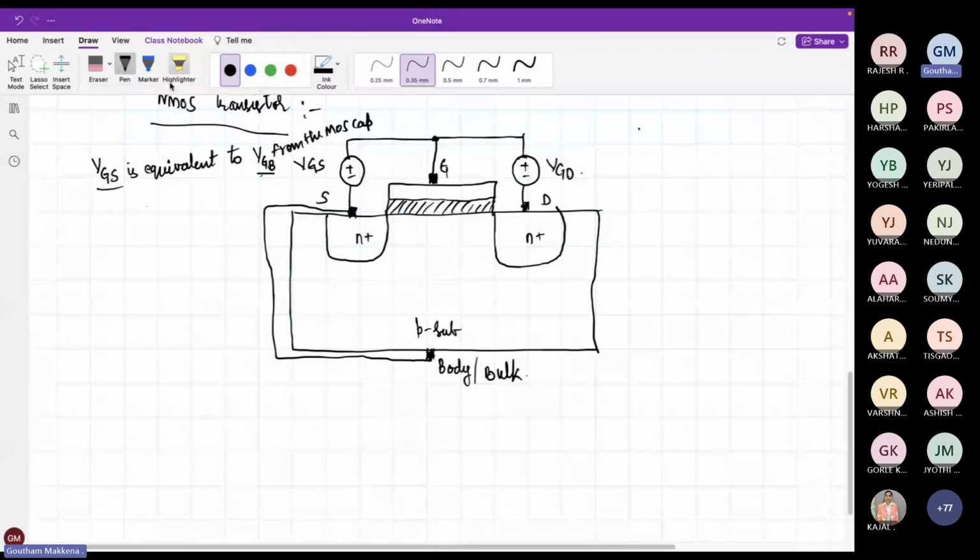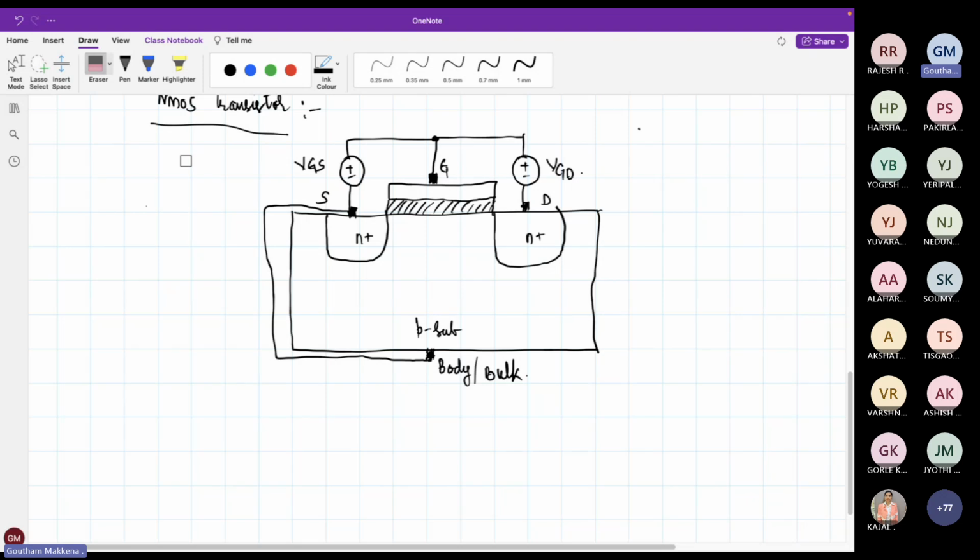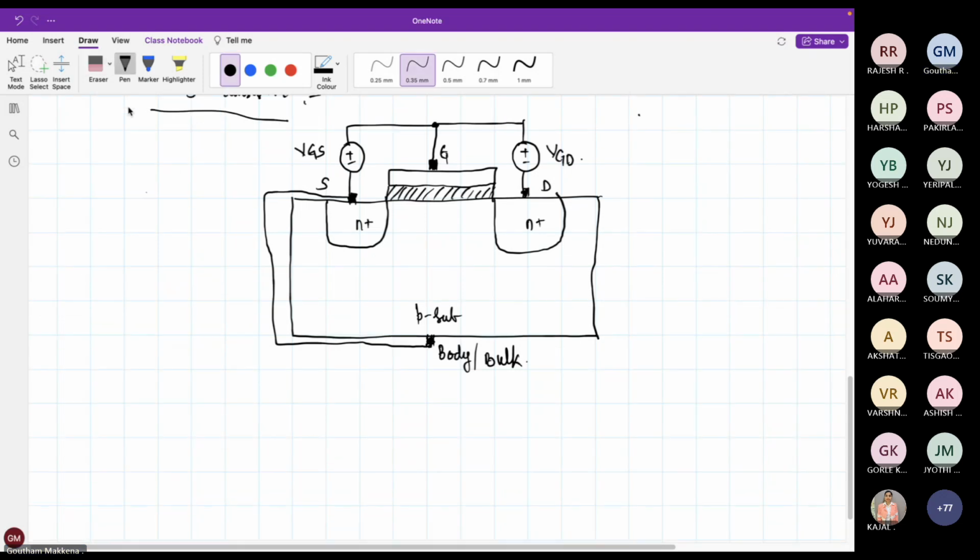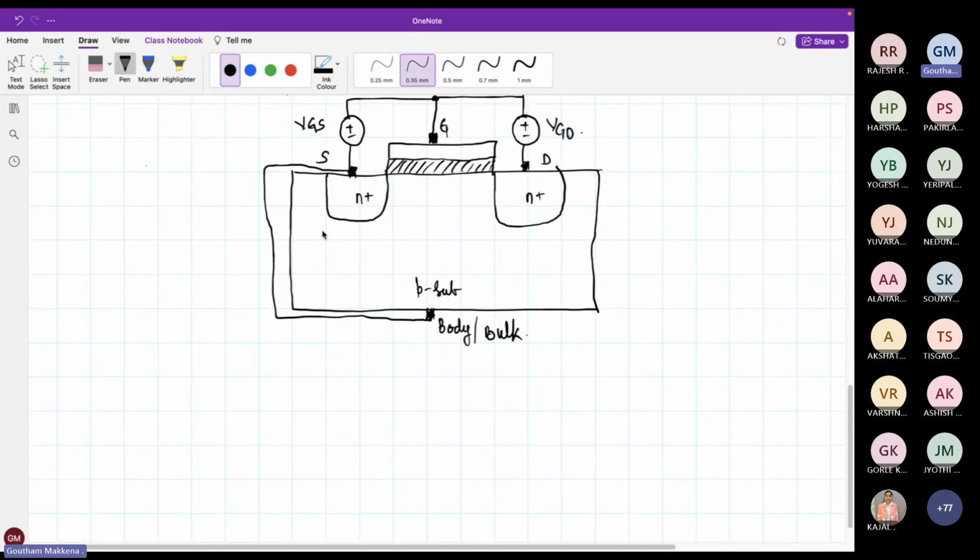Let me erase this because I need multiple copies of this figure. Now case one, VGS is equal to 0. See, your source is now equivalent to bulk.